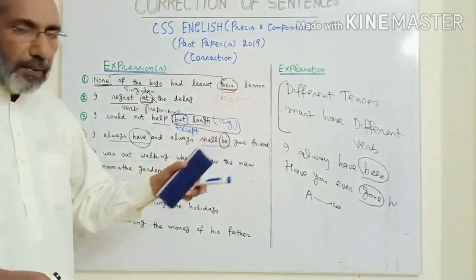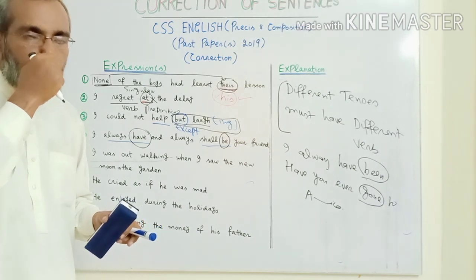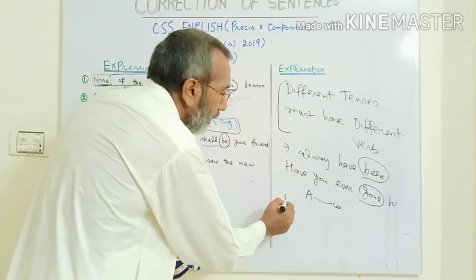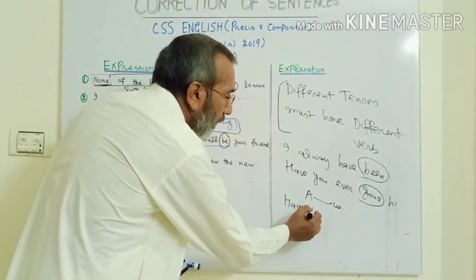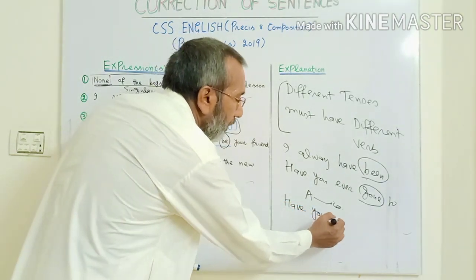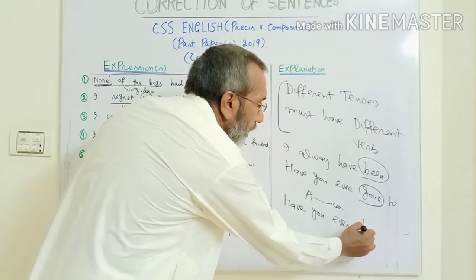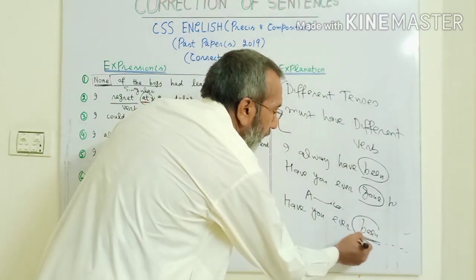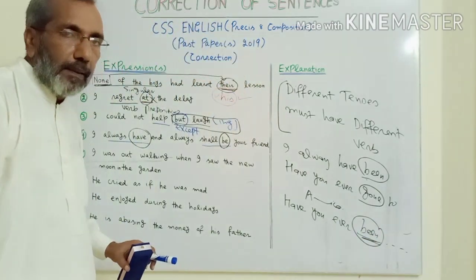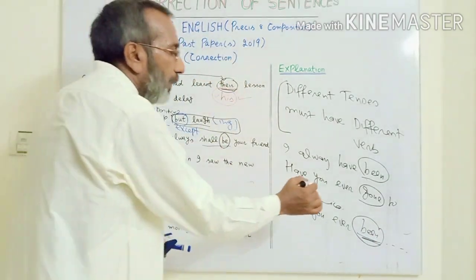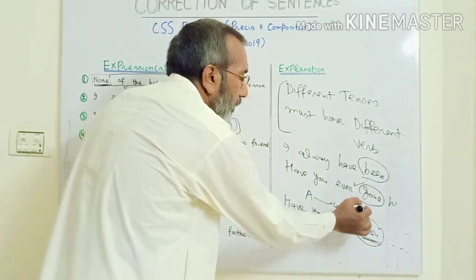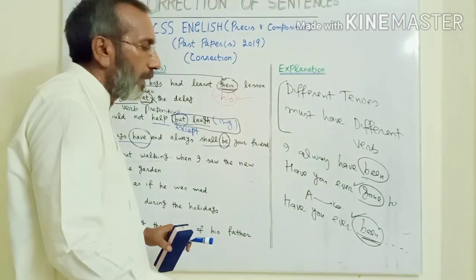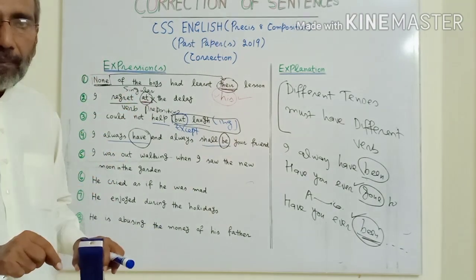Sometimes instead of saying this, we go for a simple expression, especially in conversation. If you want to confirm, have you ever gone? And we say, have you ever been to America? Can you guess what? The word gone is your main verb, and this been over here is doing that job. It is giving the touch of gone actually.